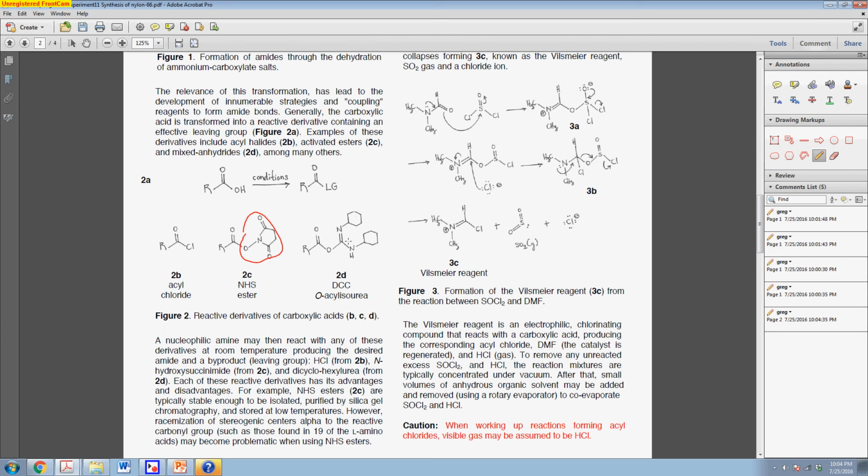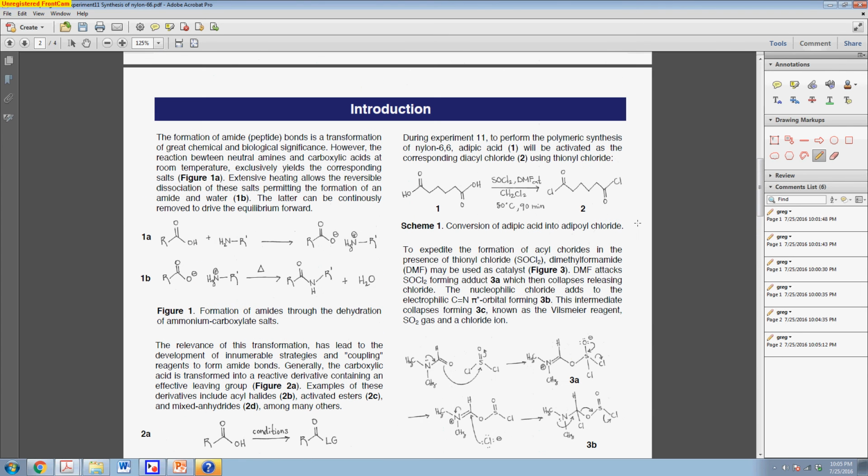If you get to the peptide coupling reaction portion of your organic chemistry lecture course, you'll talk about peptide coupling reagents and DCC. But for this experiment, we're going to make the acid chlorides, and then we're going to react those with hexamethylene diamine.